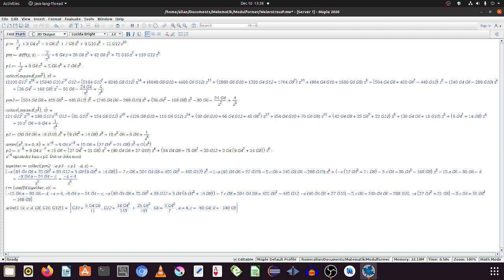Then we square P and expand it and collect terms of z. Again, this part is called P2. We do the same with P to the 3rd. I realized I could use series, and this only gives to the 2nd order.